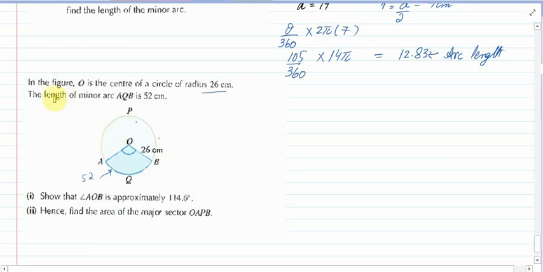So in this question we know that the arc length is known. So you need to apply the working formula of arc length. It's angle divided by 360 multiplied by 2 pi r. Now theta is unknown, we need to prove it. Divided by 360 multiplied by 2 pi r, and r is 26, right?